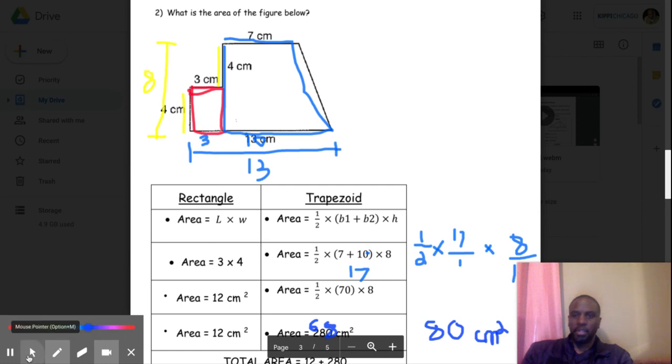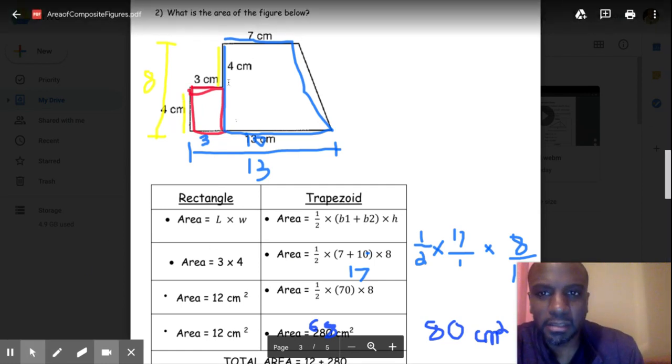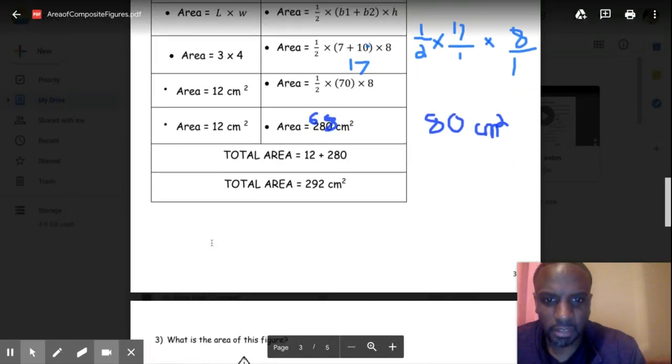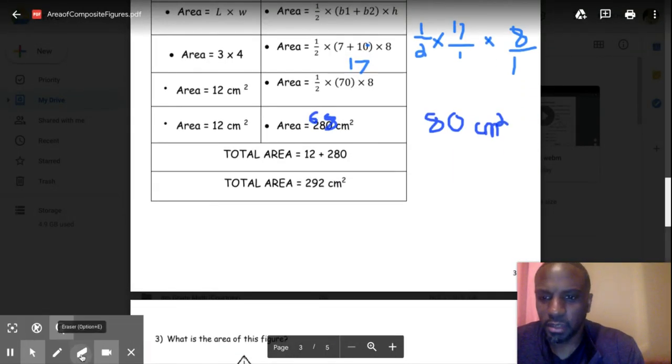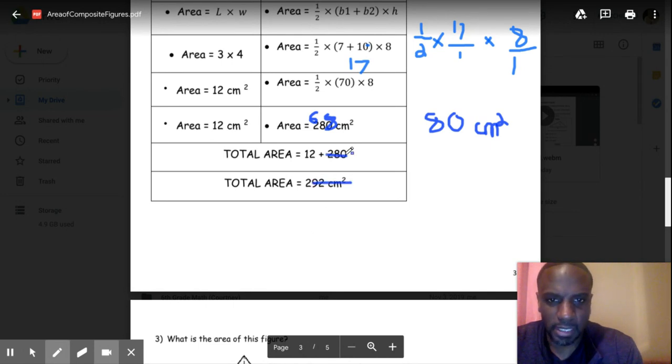Let's keep going. Remember, sometimes you got to look at it to figure out what the height would be. The height of this trapezoid is not 4. It's letting you know the length from here to here is 4, and the length from there to there is 4. Then you have to add this length plus that length right there, okay? Cool. Let's keep going. So this right here is all wrong. Let me cross this out and cross that out, okay?